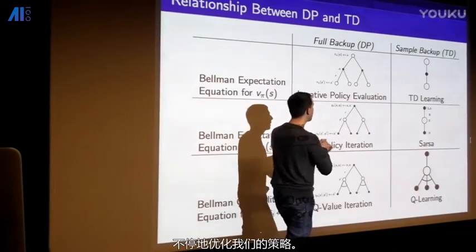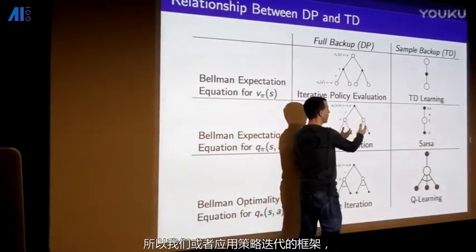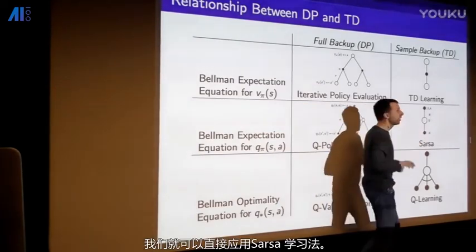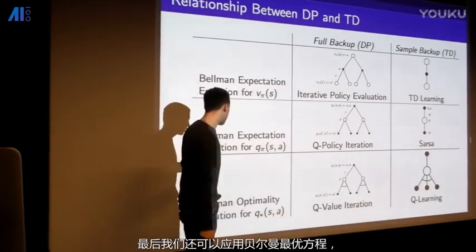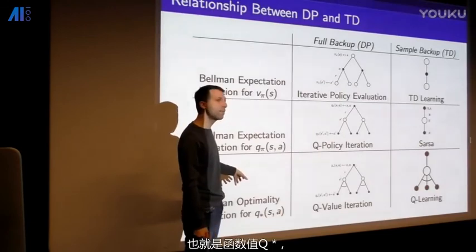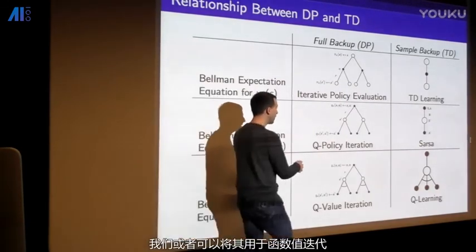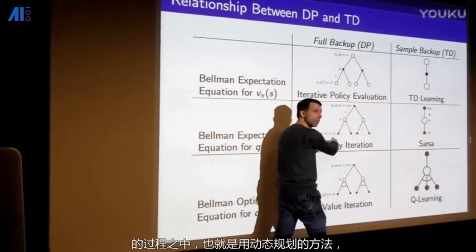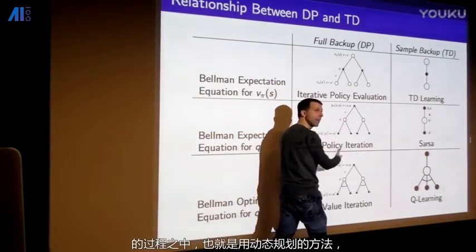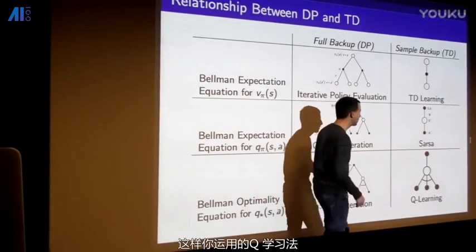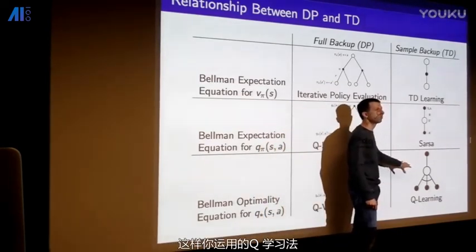We can do that using a policy iteration framework for dynamic programming, or that gave us the SARSA algorithm. And then finally, we can use the Bellman optimality equation for Q star. When you use the Bellman optimality equation, you can either plug that into value iteration, which is the dynamic programming method, or you can just sample your expectations to give you the Q-learning algorithm.